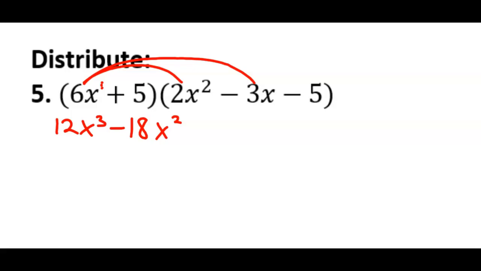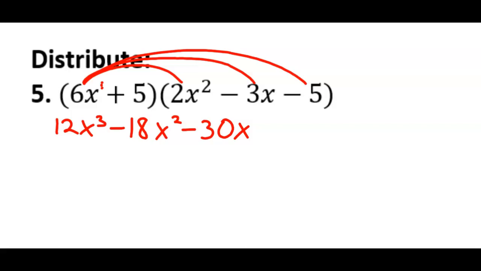X squared. Okay, now what am I going to multiply by? Negative 5. So 6x times negative 5 is negative 30. How would you get x squared? Just x, right? There's no x over here, so it wouldn't be x squared. It would just be a single x. Okay? Good?